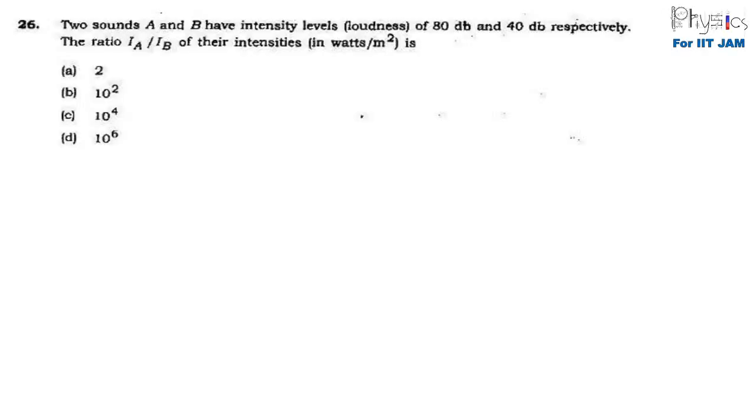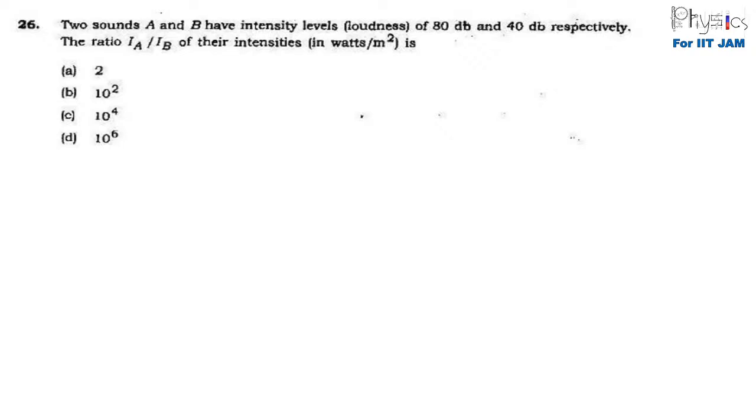So here is our next question. Two sounds A and B have intensity levels, that is loudness, of 80 dB and 40 dB respectively. We measure loudness in terms of dB, right?